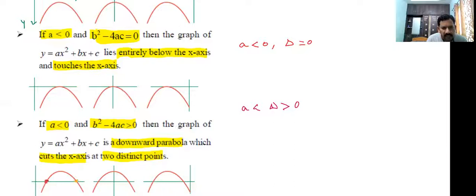See, these are the two distinct points. Understood? If a less than 0, delta greater than 0, the curve cuts the x-axis at two distinct points.